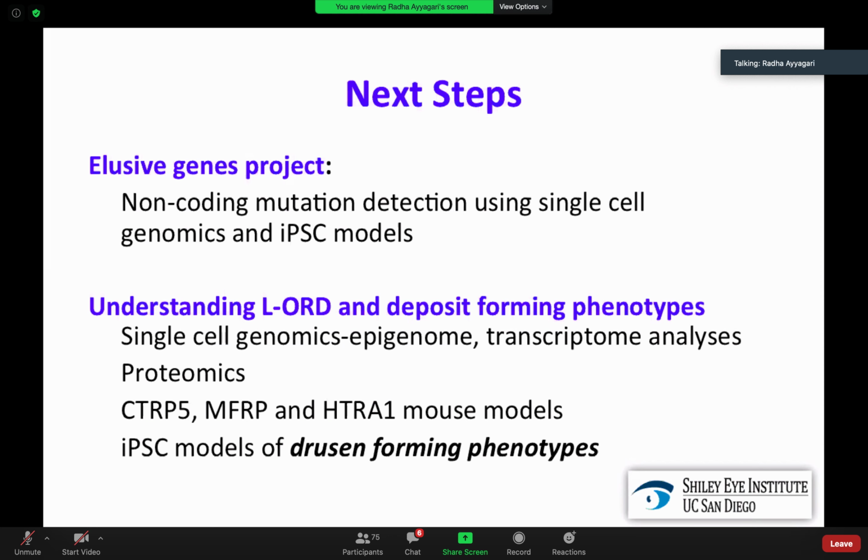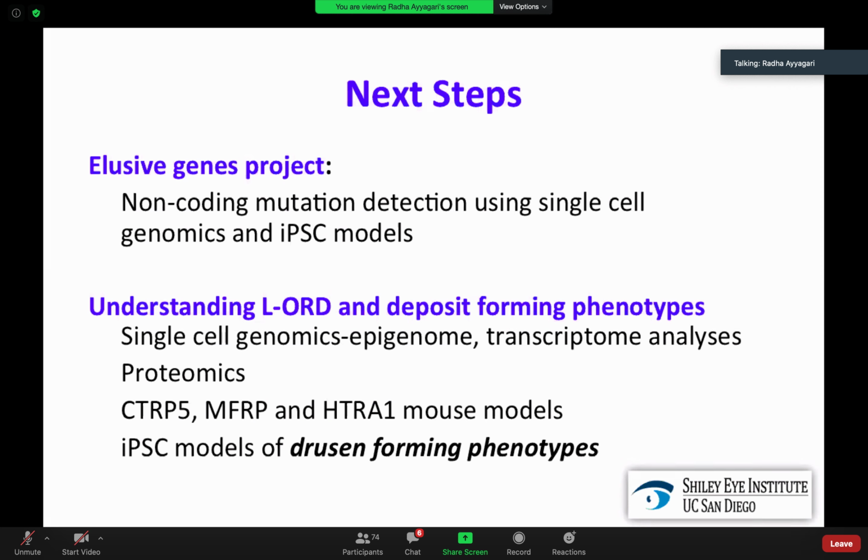To tell you the truth, we do not know. We are trying to see which would be the appropriate hypothesis, whether an increase or a decrease is the one which may have an impact. I do not have a good answer to that question at this point based on the data we have, and hopefully we will be able to generate it. We also have additional mutations recently observed in patients with CTRP5, and we are generating the iPSC and RPE.